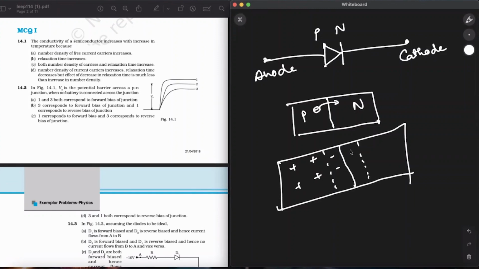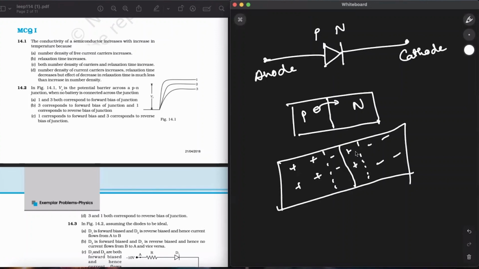Minus, minus, plus, plus, and minus, minus, minus, minus. This is the N type. Since the electrons flowed from here to here, the holes that were here were filled by an electron, and the electrons which moved from the N type left holes in the N type. So there's a plus side over here. The thickness of the depletion region is in microns.